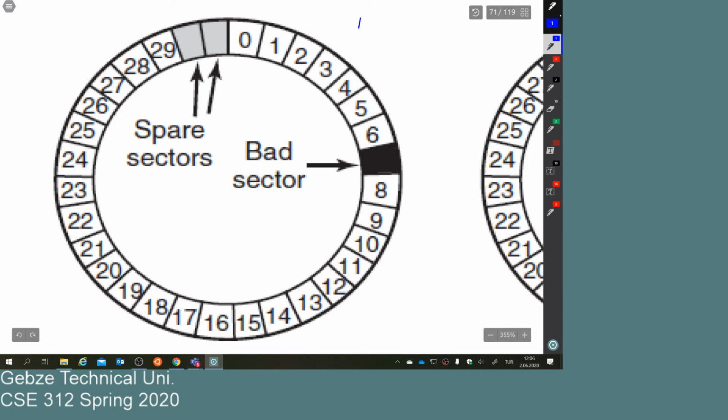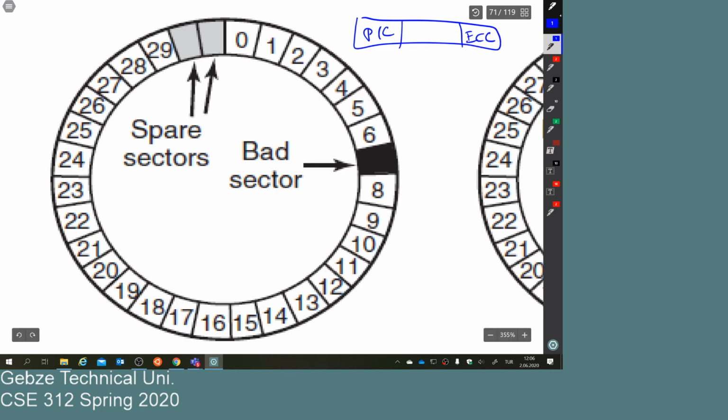Remember, in a single sector, at the beginning I have the preamble and I have the ECC. What is ECC? Error correction code.